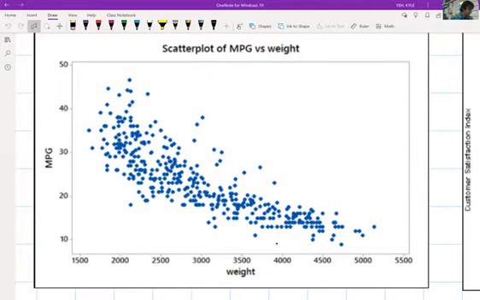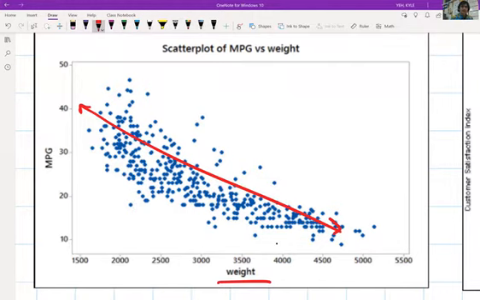And so right here, you can see just by looking at it, there does seem to be some sort of pattern. And it's not perfect, and maybe I drew that line too high, but it does look like the lighter the vehicle, the lower the weight of the vehicle, the better mpg it gets, the better mileage it gets, and it's more gas efficient.